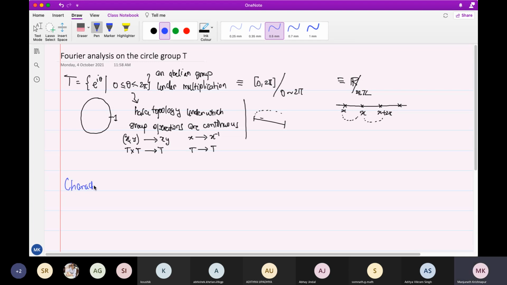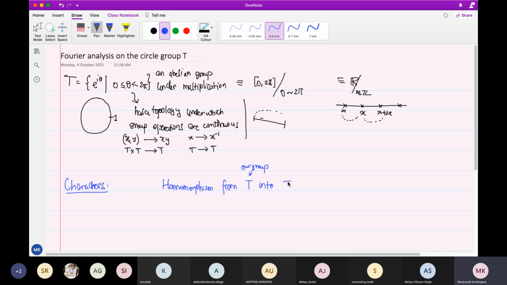So what do we mean by characters? Character means, just like before, a homomorphism from our group, in this case the circle group, into the circle group.